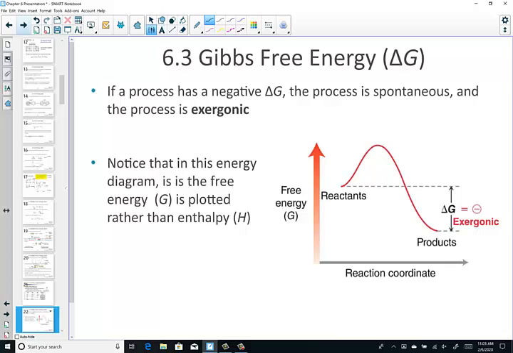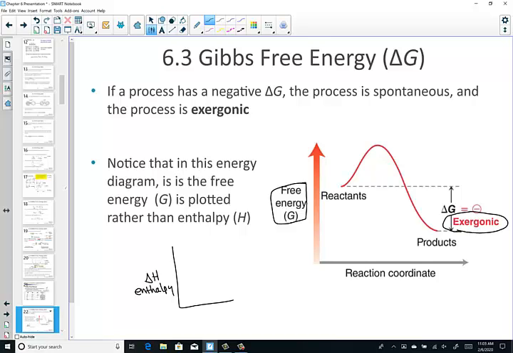And so when we think about these energy diagrams for Gibbs free energy, notice that it's delta G now on the y-axis. A moment ago we had delta H for enthalpy. This now places delta G, so the vocabulary word is just a little different.